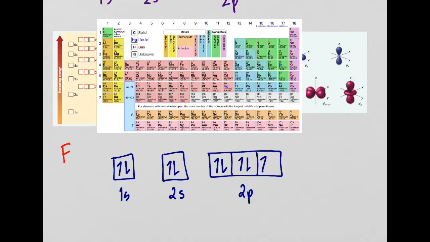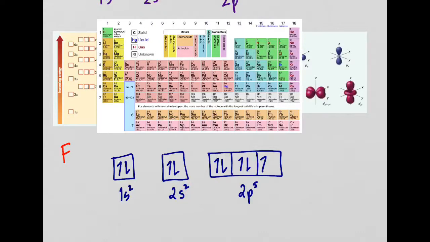The only thing I'm missing here are these little numbers, and this just tells me how many electrons I have total in that sublevel. So for the 1s, I have 1, 2. So I put a little 2 up there. So 1s2 means that this 1s sublevel is filled. For my 2s sublevel, I have 2 electrons. So I write 2s because I'm in principal energy level 2, in the s sublevel, and I have 2 electrons.